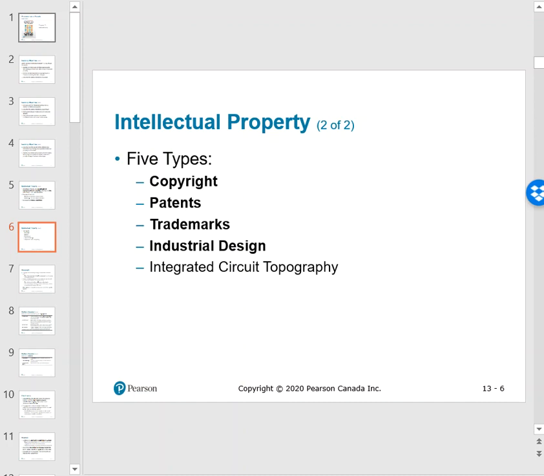And again, first thing, you need to know there are several types of intellectual property. That's number one. And number two, what each type of intellectual property protects. What is protected under each type?